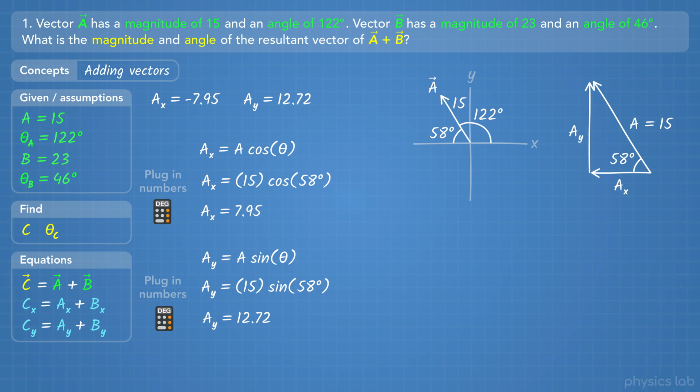If we plug in 58 degrees, then Ay is still positive 12.72. But now Ax is positive 7.95. That's just the length of the bottom side of this triangle. But like we said, Ax points in the negative x direction. And since we're adding vectors, we need to include that negative sign for things to work out.